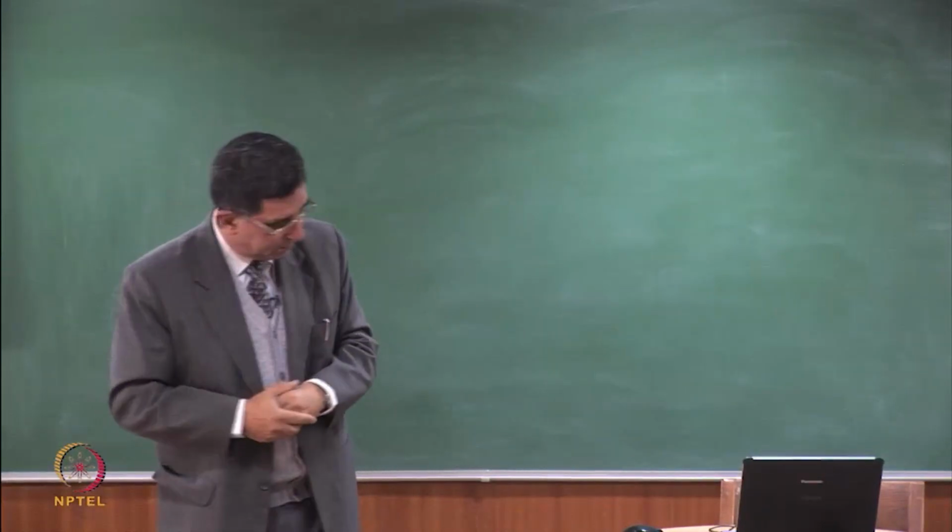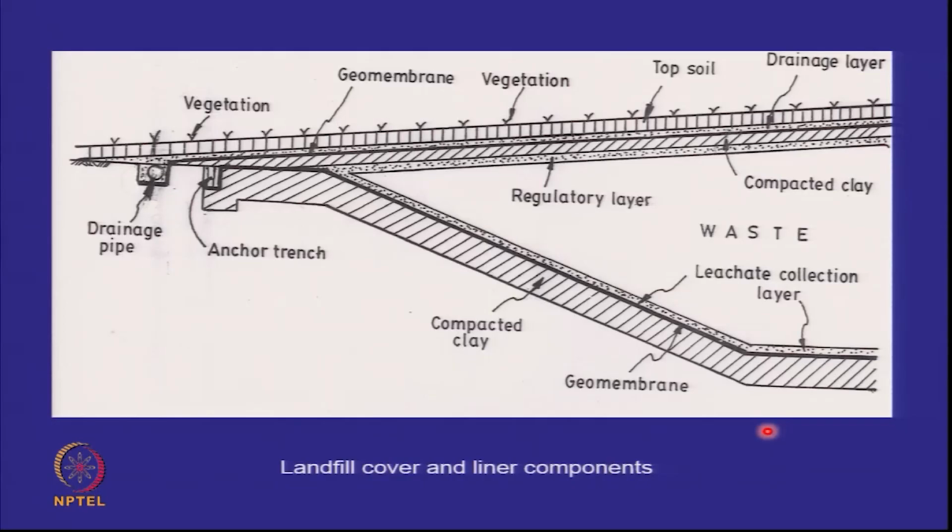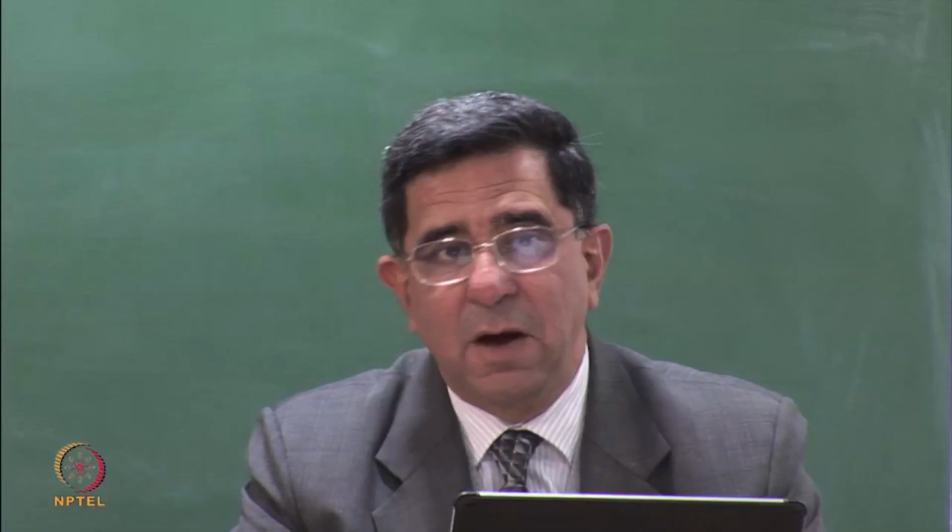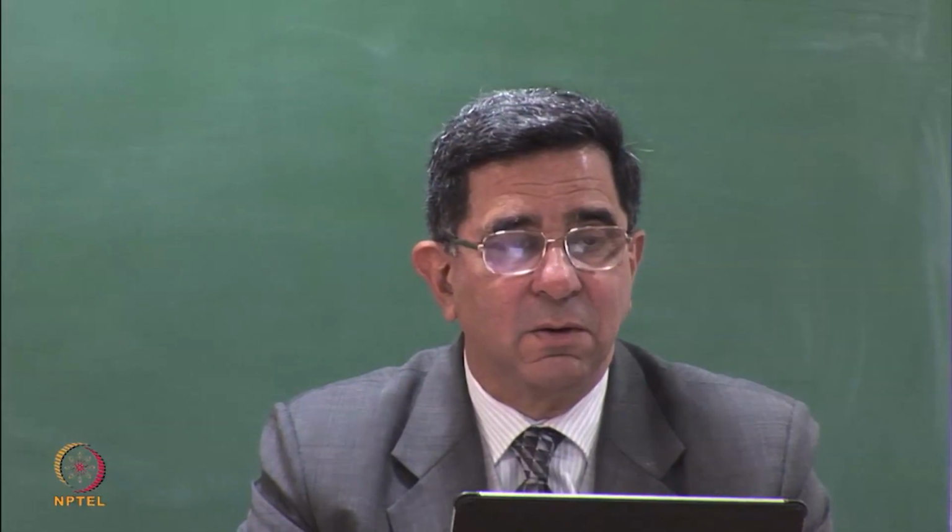Let's have a look. Okay, we just remember this cross section that we have. Gas is being generated here. It will put pressure on all sides. It will put pressure here, it will put pressure on this side, it will put pressure downwards, and wherever it gets a preferential path to come out, it will come out.